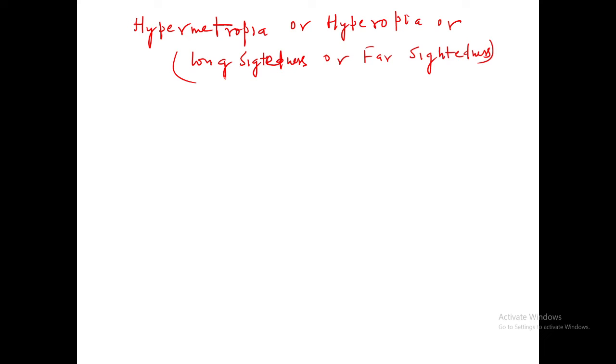So in this defect, a person is not able to see the nearby objects clearly. However, he can see the distant object clearly. So again we are going to plot the eye. This is point N. Our eye behaves like a convex lens.